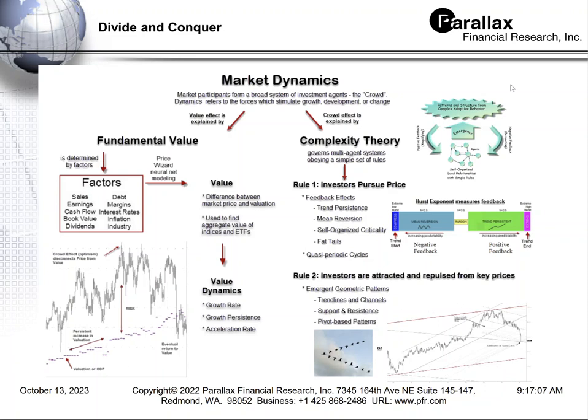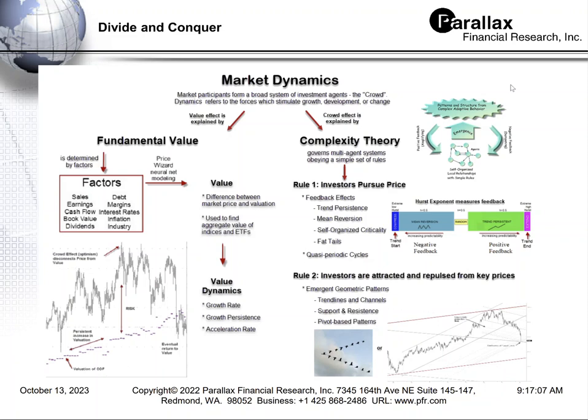And by watching price, we are essentially connected to every other investment agent that's watching that same security. So there's a large network of agents. And the other requirement for complexity theory is that those agents need to be obeying a simple set of rules. And there needs to be feedback.